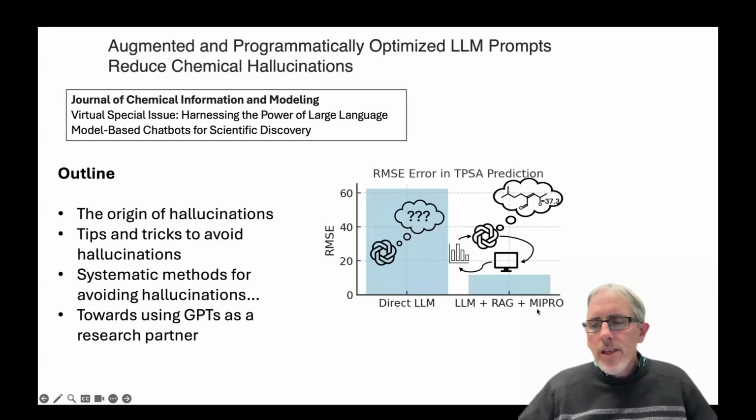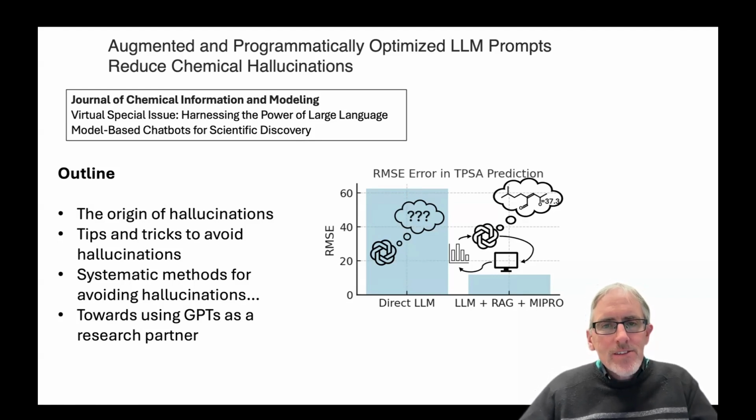If you've used large language models, you've certainly encountered the fact that sometimes they will respond with an answer that doesn't match with your understanding of the way reality is. So these hallucinations are common, and they also occur perhaps even more so when working in a technical field like chemistry.